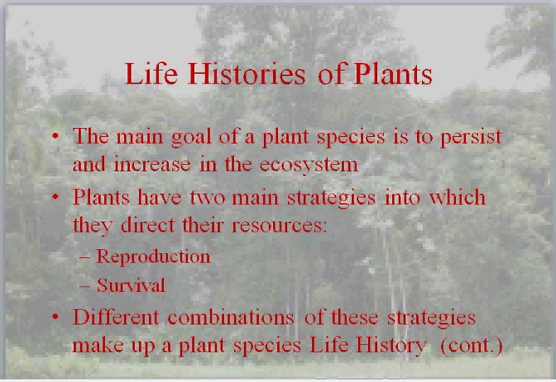So first of all, let's look at the life histories of plants. The main goal of a plant species is to persist and increase in an ecosystem. Every plant species' main goal is to try and pass their genes on to the next generation, and to allow the next generation or members of the same species to persist in that ecosystem into the future.